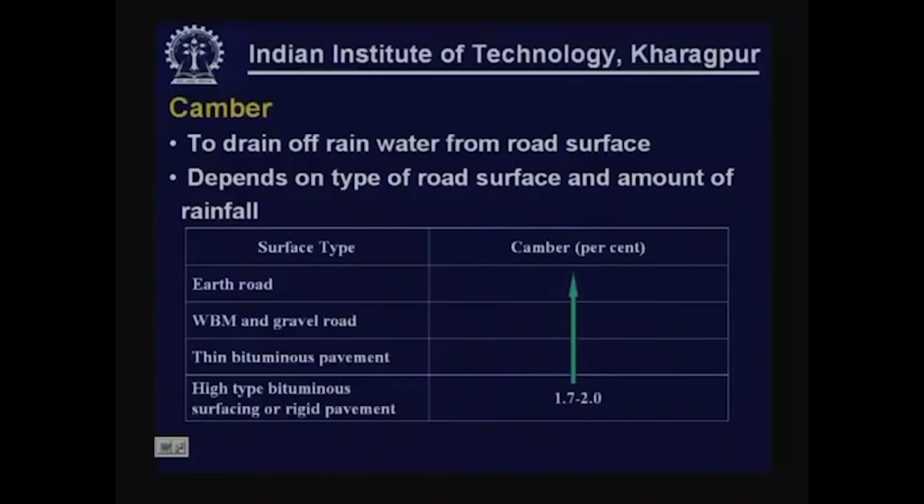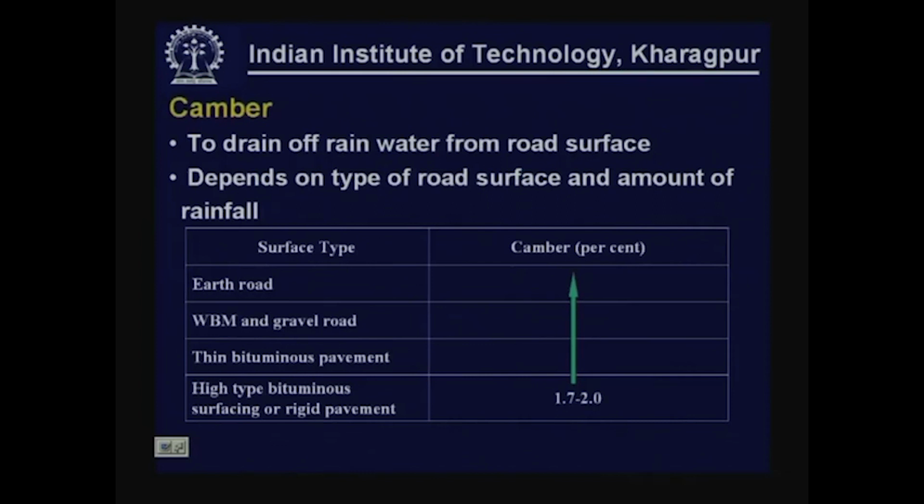So, here we have shown four types of pavement surface, namely earth road, water-bound macadam and gravel road, thin bituminous pavement, and then finally high type bituminous surfacing or rigid pavement or cement concrete pavement.